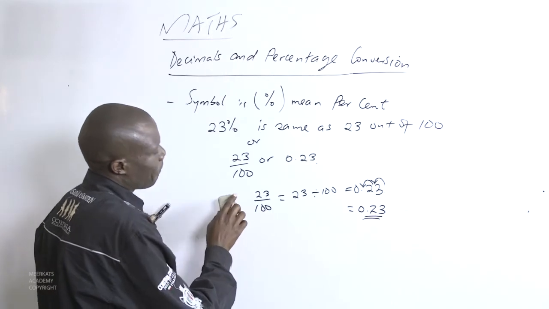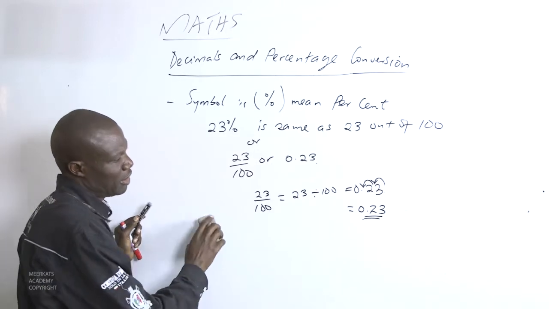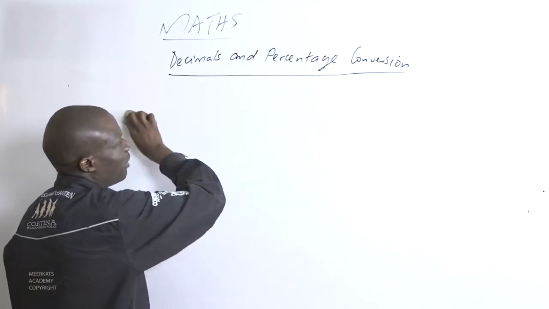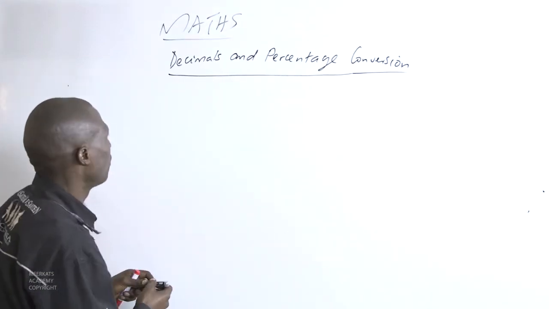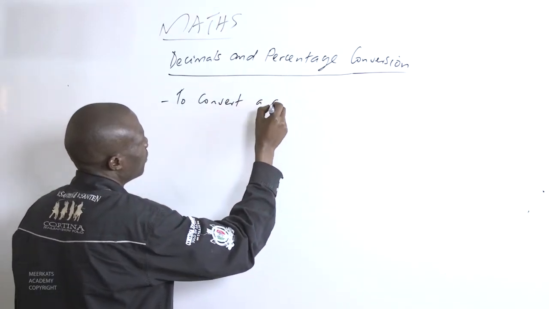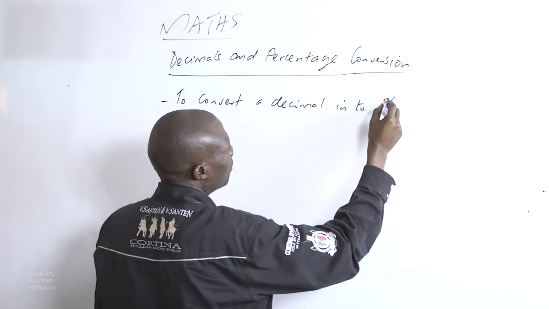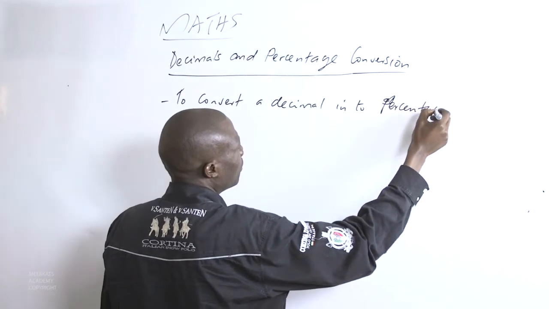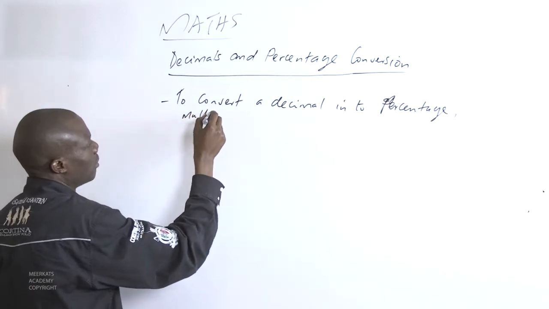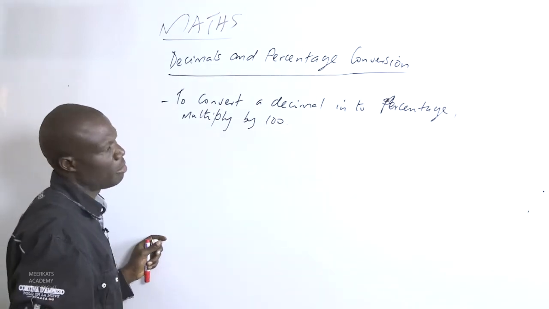So when you are converting a decimal into a percentage, you are required to multiply that decimal by 100. So you multiply by 100.